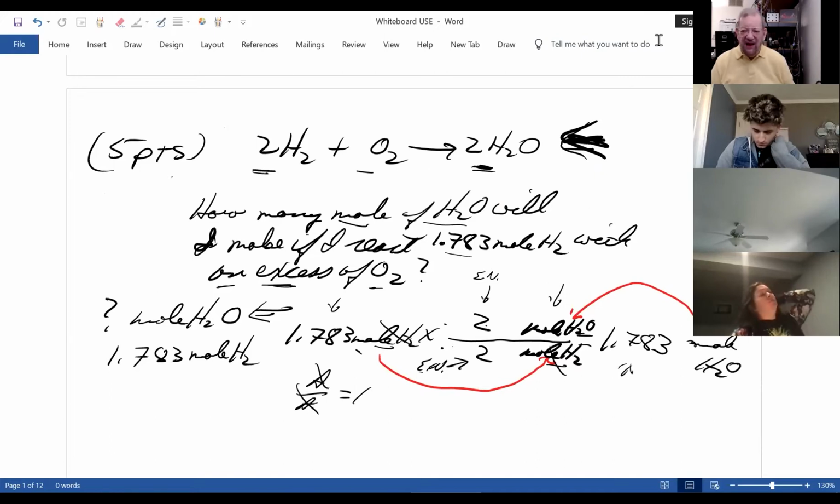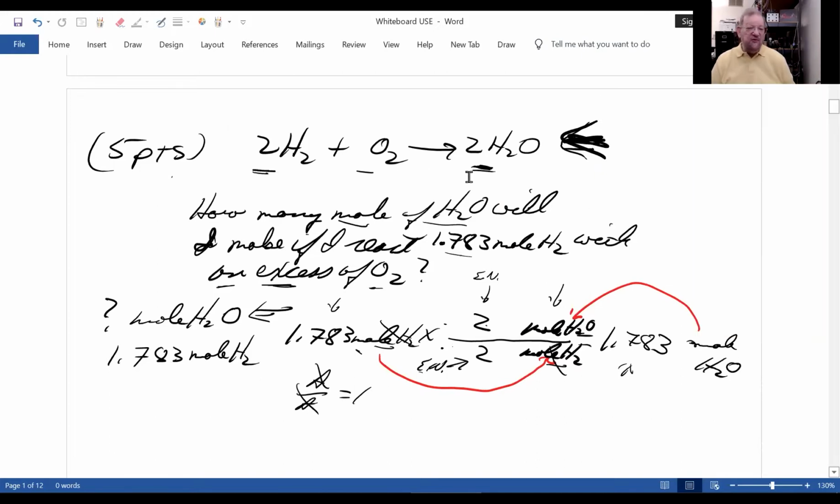It has to be balanced, which is why I spend a lot of time balancing. But good news on these type of problems, I'll always give you a balanced chemical equation. Always. If I don't, you can't do the problem. So in this one, it's just kind of like throws you off because it indicates the O2.